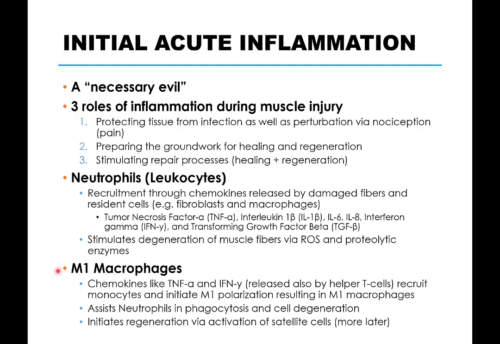More specifically, signaling molecules like the two listed here, TNF alpha and interferon gamma, stimulate the conversion of monocytes to macrophages. This is the process of differentiation, meaning the monocyte, which has no specialized function, is turned into a macrophage with a particular function.